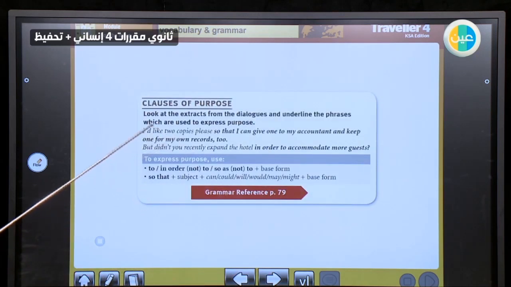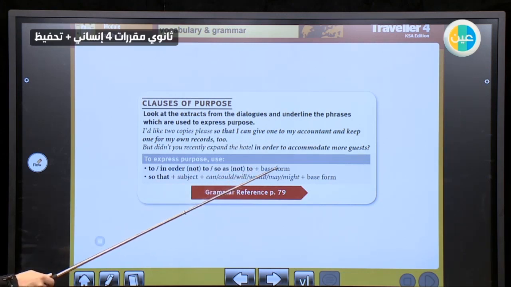The last clause here is clauses of purpose. Why do we use clauses of purpose? What's the reason here? To express purpose. Using what? To, in order to, or so as to, plus base form.